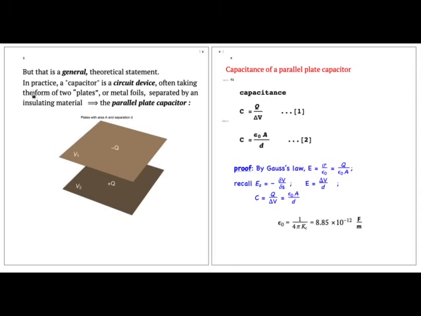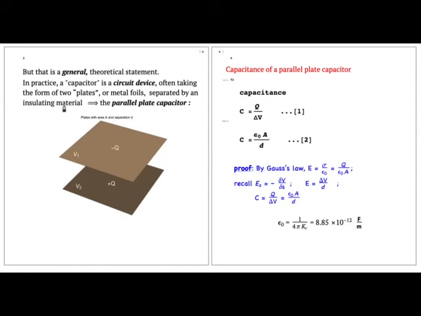It often takes the form of two plates or metal foils, and those are the two conductors. They're metals. And they're separated by an insulating material because they have to be insulated from each other.